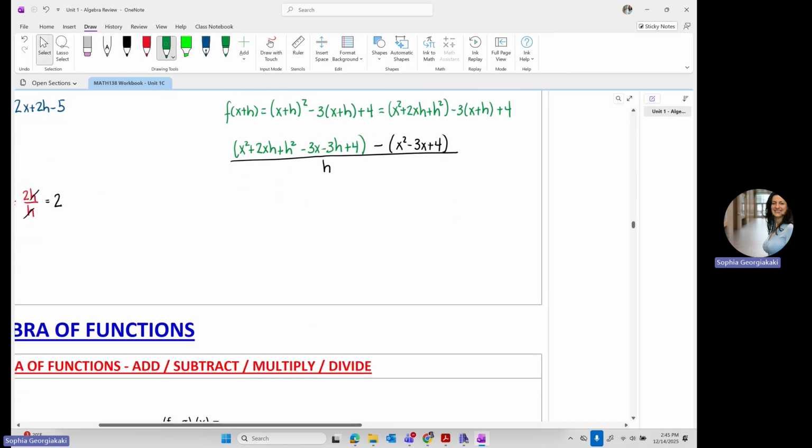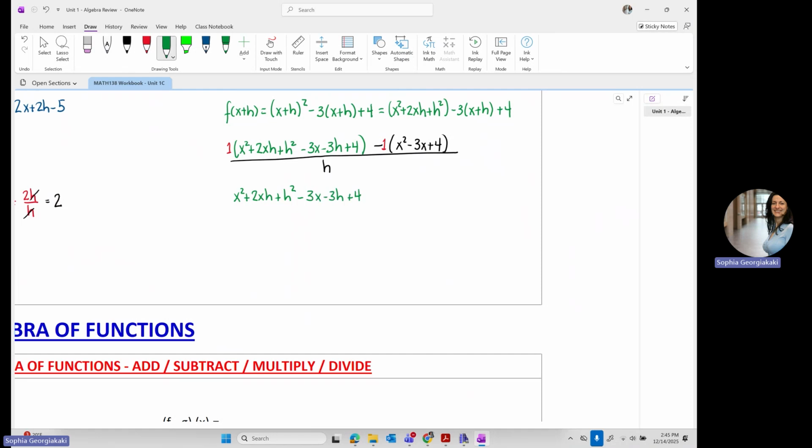So I'm going to distribute. The first parenthesis has a 1. The second parenthesis has a negative 1. So when I distribute, I will have x squared plus 2xh plus h squared minus 3x minus 3h plus 4. And when I distribute the negative 1, negative x squared plus 3x minus 4.